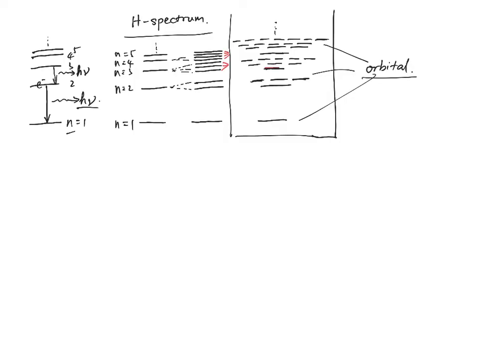Now, of course, when we have simple energy levels like in the hydrogen spectrum, we can use one number to describe it. We can just say n equal to 1, n equal to 2, n equal to 3, n equal to 4, n equal to 5, and say this is the first energy level, second energy level, third energy level, and so on.